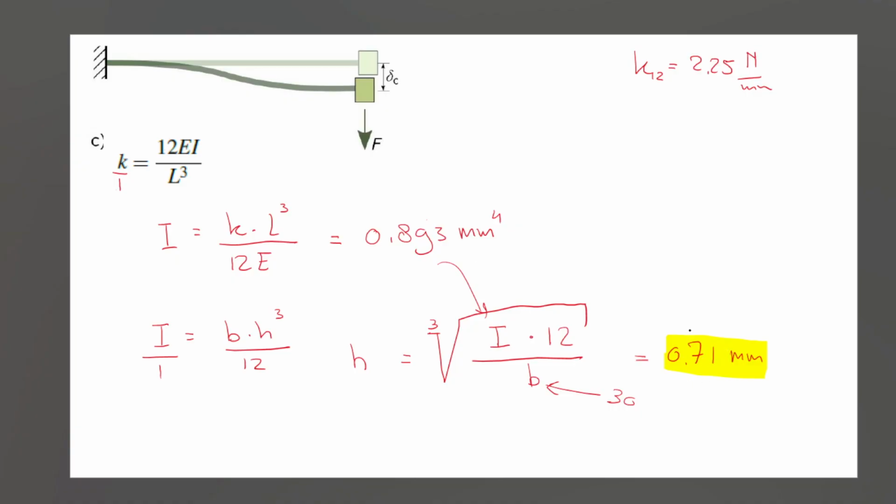It can never be more than this value. So what we've calculated here is kind of a boundary condition. If our value is more than 0.71, then even if I have a very little bit of reinforcement, it will already surpass this K value.